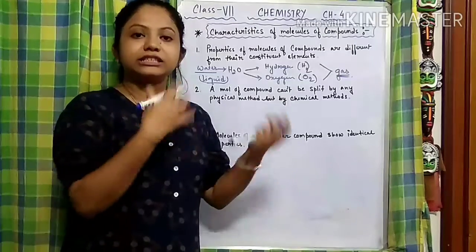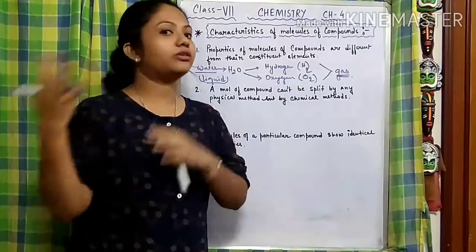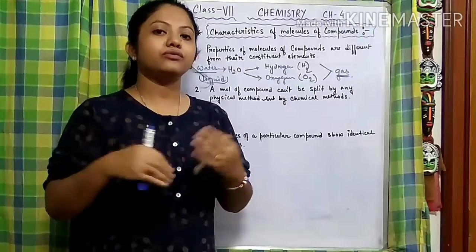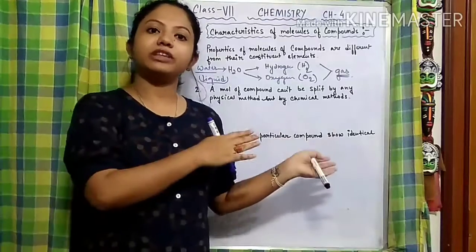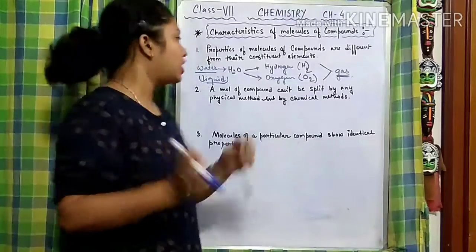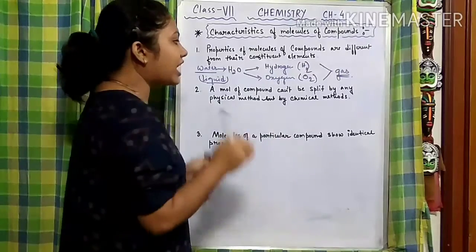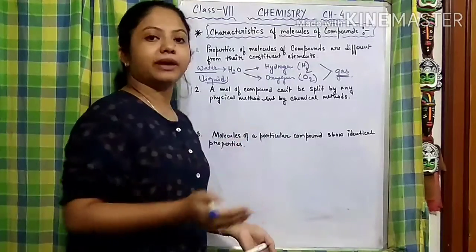And as it is the result of a chemical reaction, the resultants of chemical reactions, in general, possess different properties from their constituent elements. Now coming to number 2. A molecule of a compound can't be split by any physical method, but only by chemical methods.